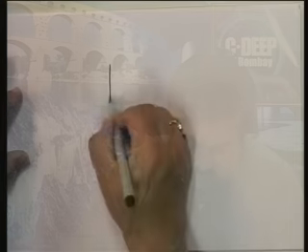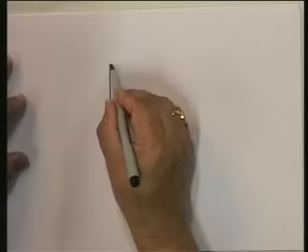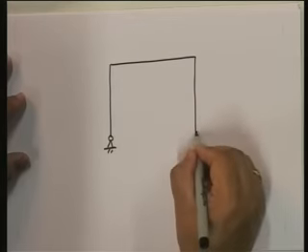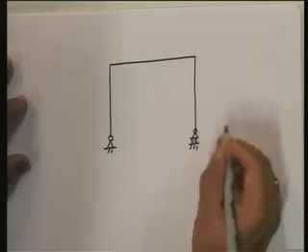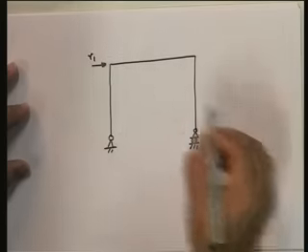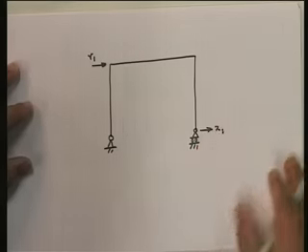So let's see. Already we know that this is a single degree of freedom structure. We've identified the redundant force, and therefore let us see. I need to find this displacement and this displacement, these are the two displacements.